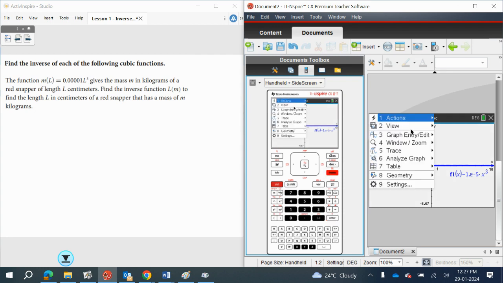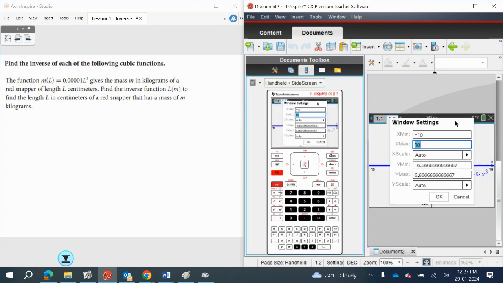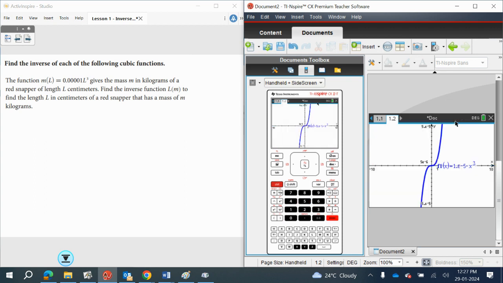So let's add that here on the window settings. Let's change the y values to minus 0.00 to 5 or so. We can see the graph looks like this.